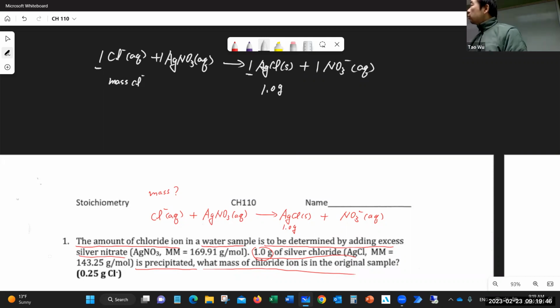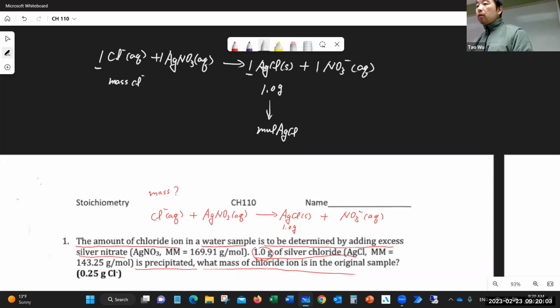So once you do the stoichiometry, you have to convert mass to moles. The first thing is we need to find how many moles of silver chloride we have. That makes sense, right?